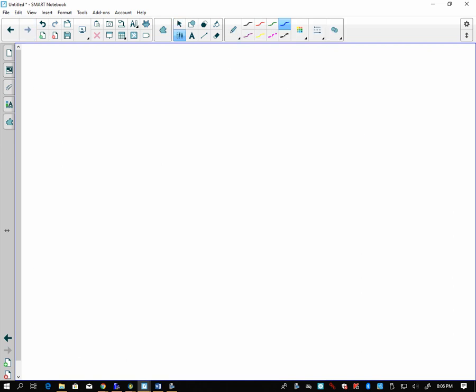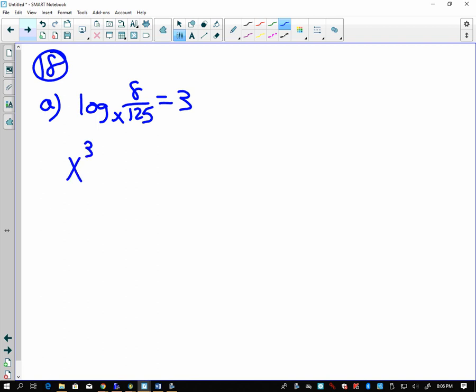18. We've got three log questions. So we have an A. A is log base x of 8/125 equals 3. So x comes up, 3 comes over here, 8 over 125 goes there.